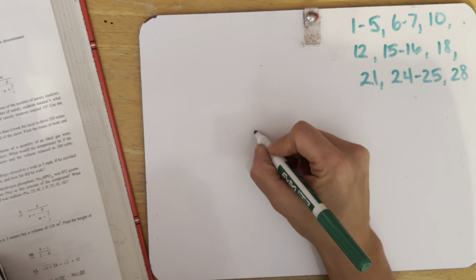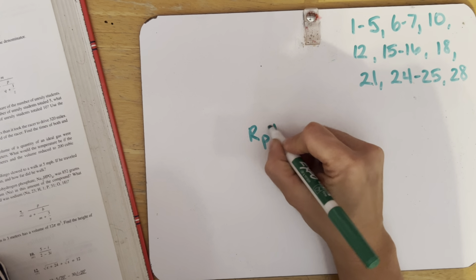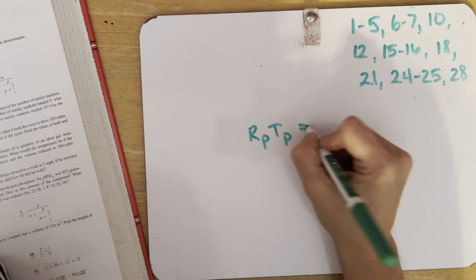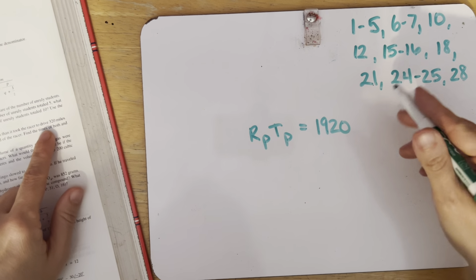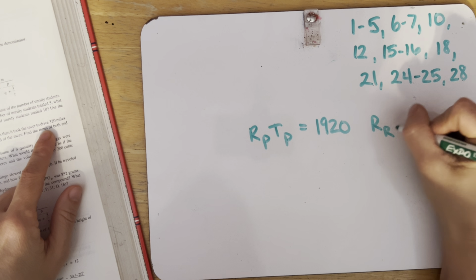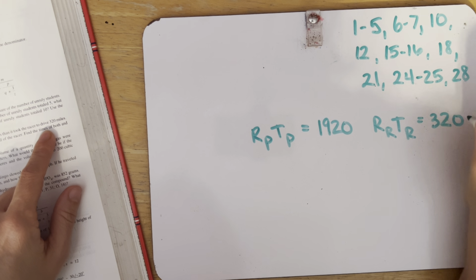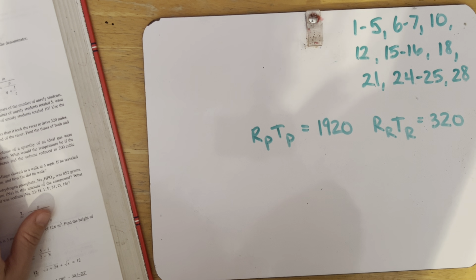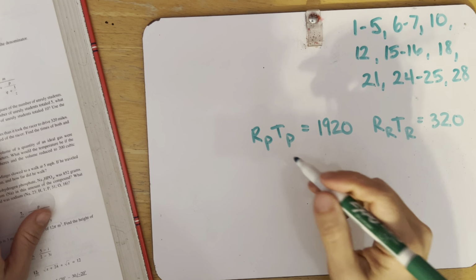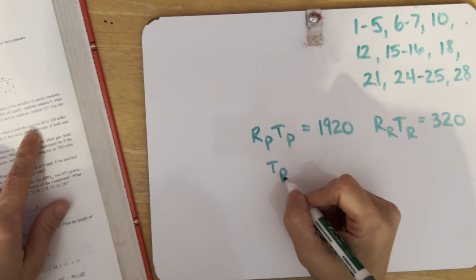Okay, so the rate of the plane times the time of the plane, which equals distance, equals 1,920. Okay, then the rate of the racer times the time of the racer equals 320. Okay, the time of the plane is 4 more hours than it took the racer.